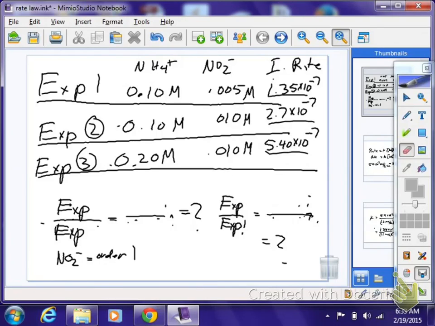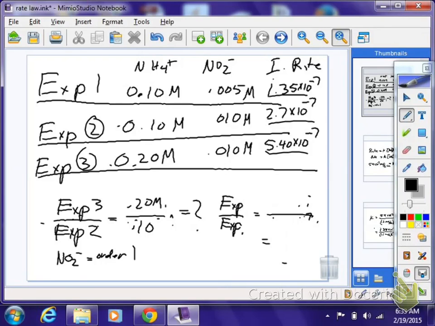We'll see what our rates comparison would be with the concentration change. So we'll look at experiment 3 divided by experiment 2. That would be 0.20 molarity for experiment 3 divided by 0.10, and we get a 2 out again.